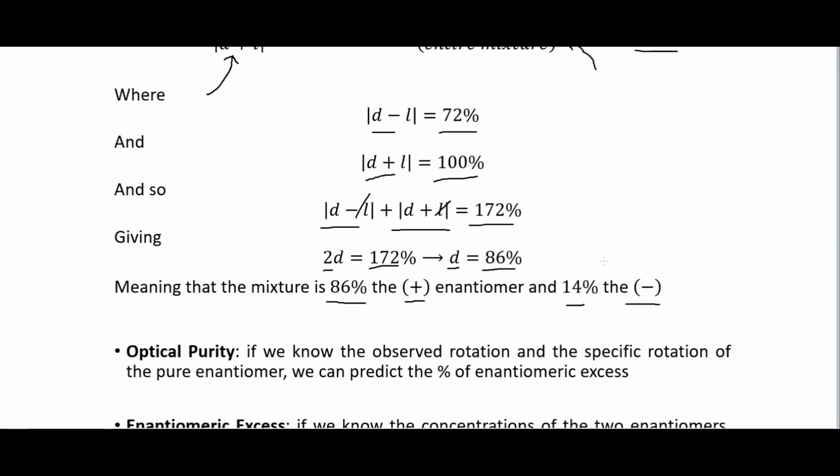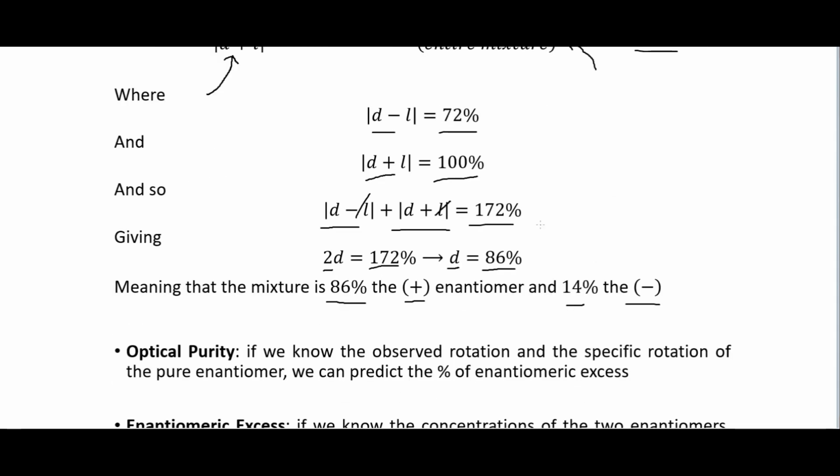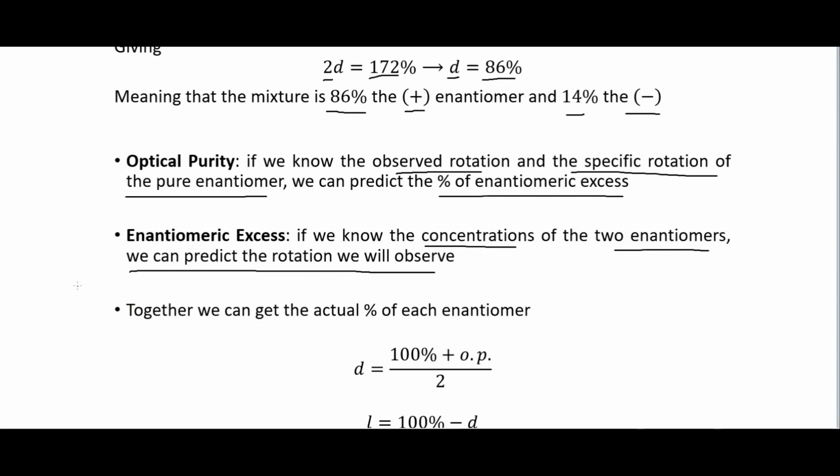And so that is using the optical purity and enantiomeric excess to calculate that. So if we know the observed rotation and the specific rotation of the pure enantiomer, we can predict the percent of enantiomeric excess. And for the enantiomeric excess, if we know the concentrations of the two enantiomers, we can predict the rotation we will observe.